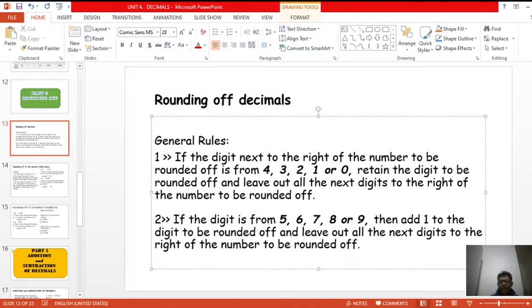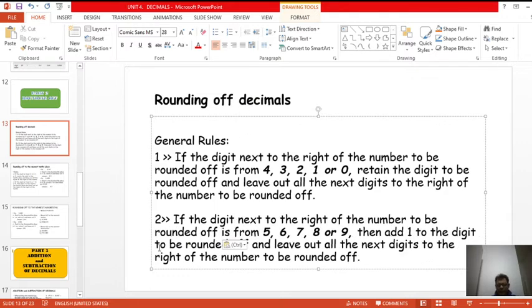Rule number 2 is if the digit next to the right of the number to be rounded off is 5, 6, 7, 8, or 9, then add 1 to the digit to be rounded off.